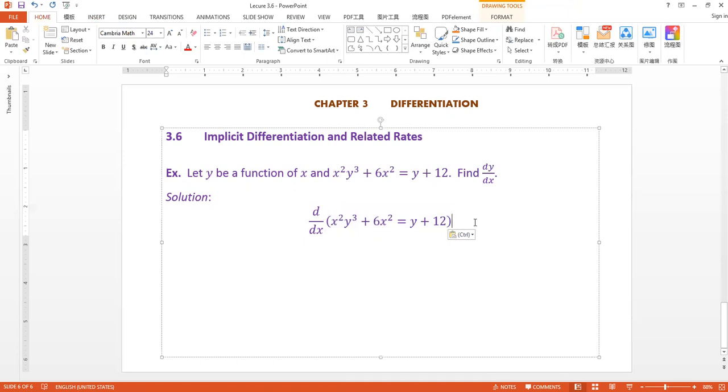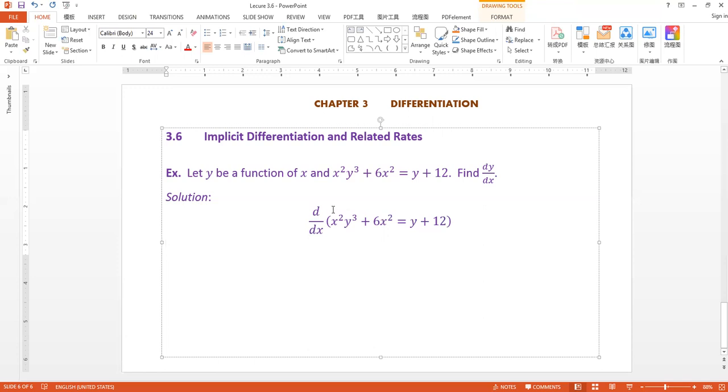Remember, we have to take the derivative with respect to x for each term on both sides of the equation, and more importantly, when we take the derivative of y, remember y is a function of x. So we have to use the chain rule when we take the derivatives involving y. Okay, so let's do it term by term.